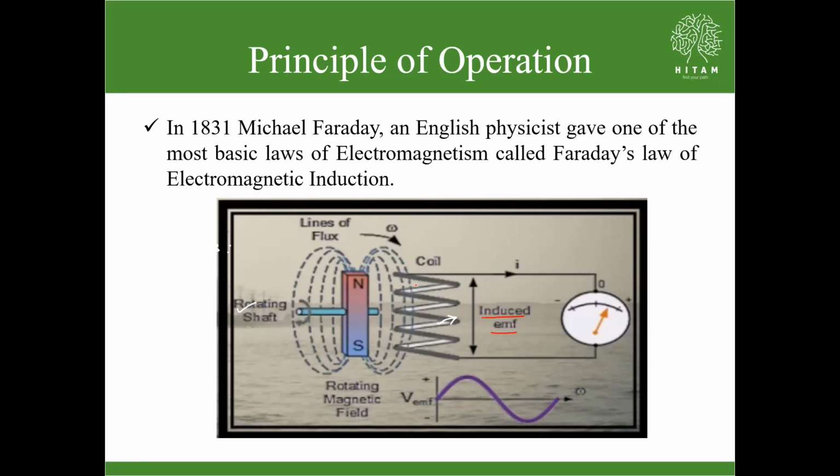This coil or conductor cuts the flux lines. So whenever the coil cuts the varying magnetic field, it induces the EMF. If the circuit is closed by connecting any load, then this induced EMF, capital E, will initiate the current which passes through the circuit.